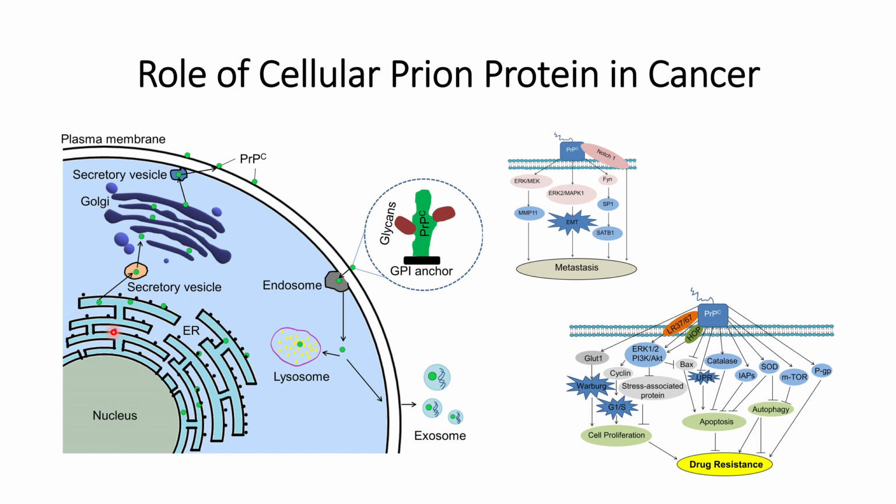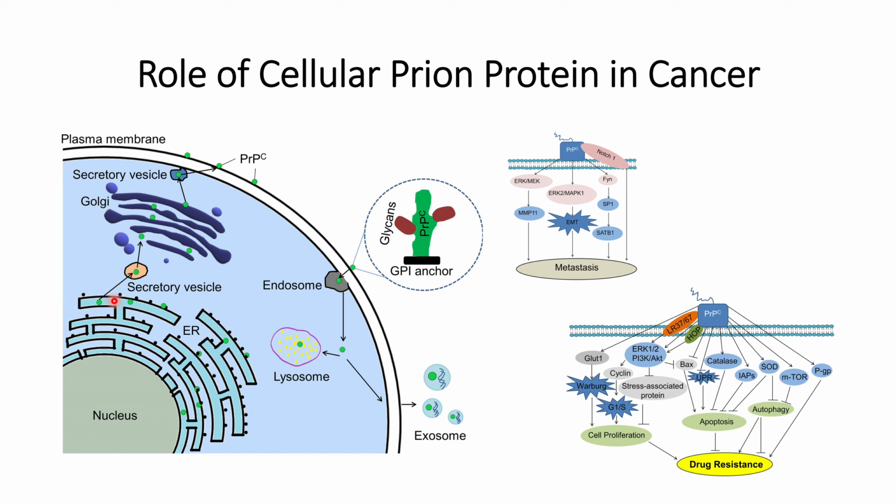These green dots represent the prion protein. After translation, it comes to the rough endoplasmic reticulum, where with the help of ribosomes it is translated within the endoplasmic reticulum, and there it acquires a GPI anchor.